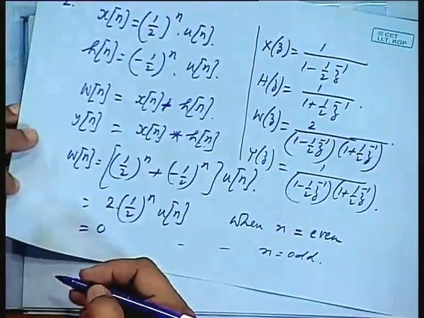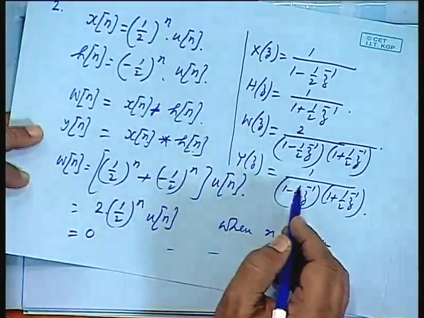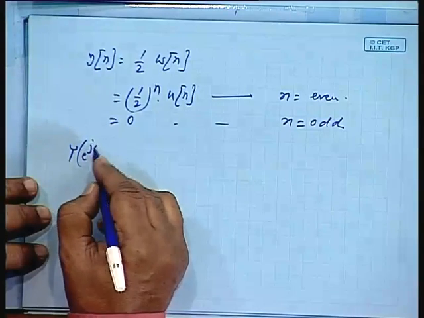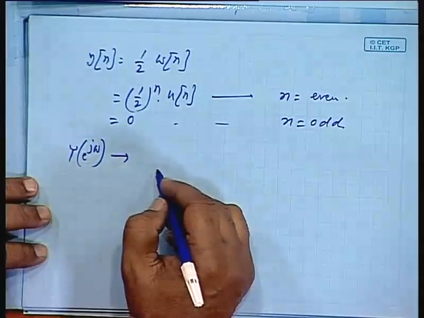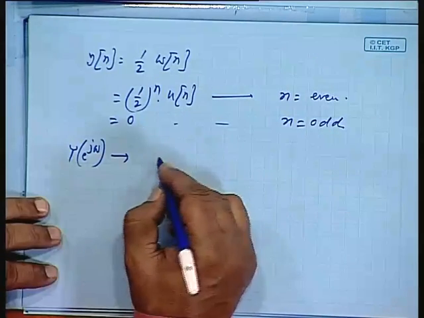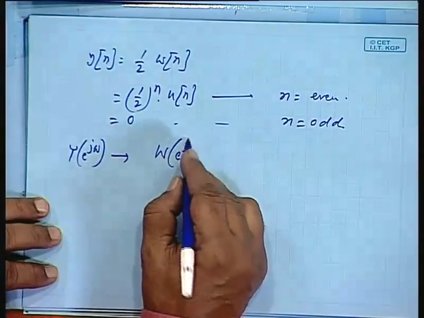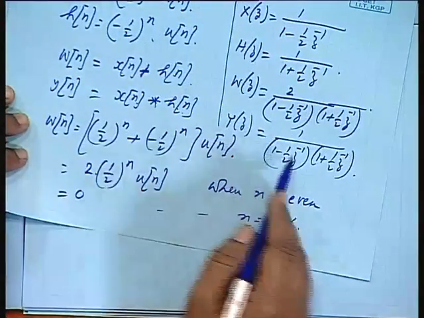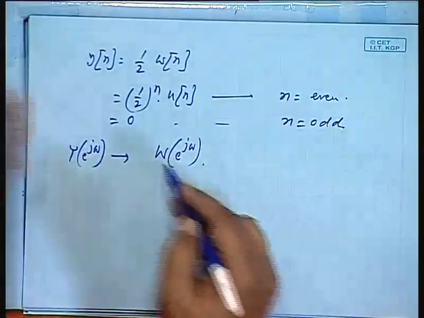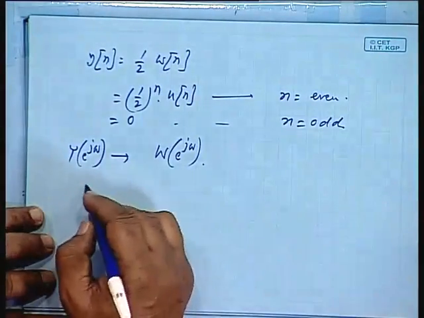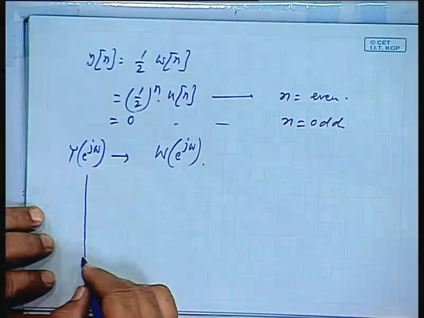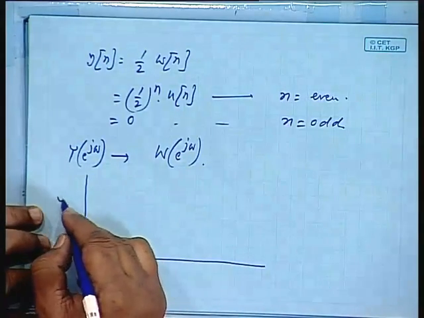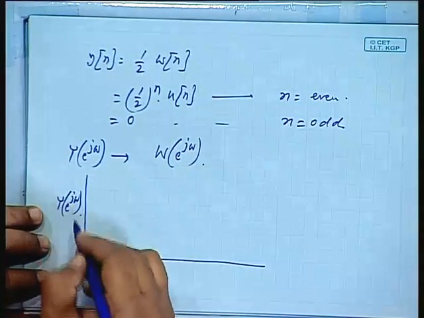Then the next question is, what would be the frequency plot of this? That is, we are required to determine this plot against omega and similarly W(e^jω). Since W is just twice the value of Y, the plots are identical, they are just scaled by a factor of 2. Okay. So, let me plot just one of them, Y(e^jω).